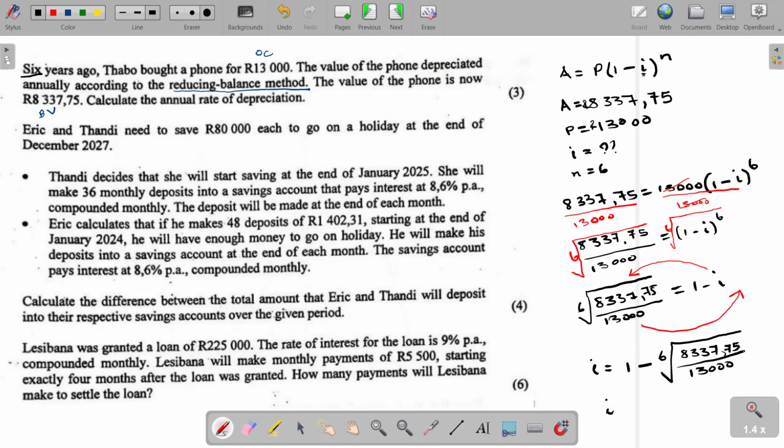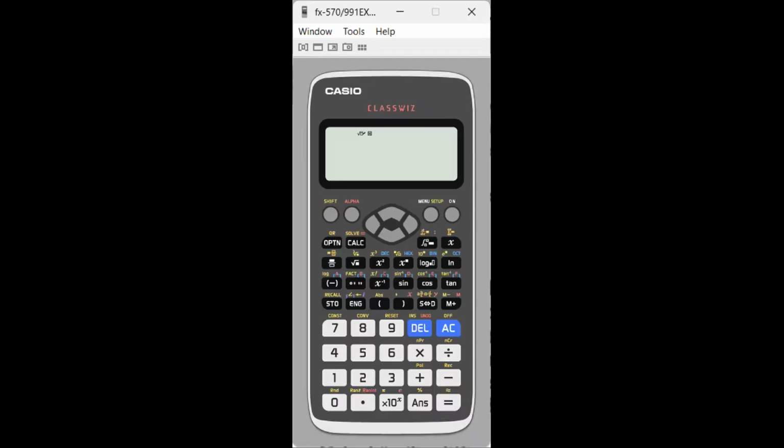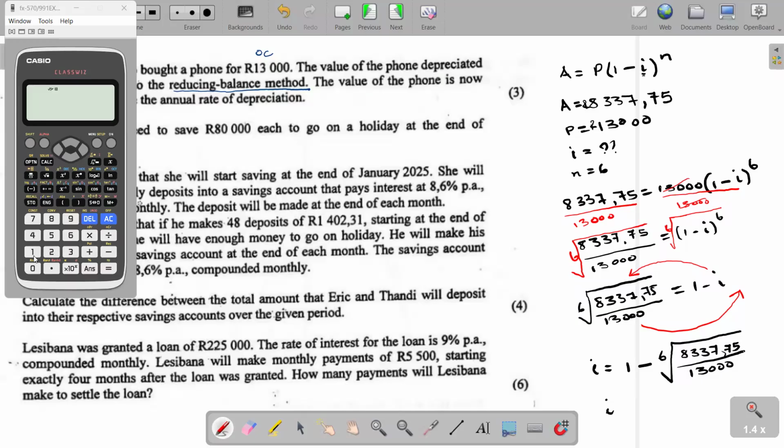So punch that on the calculator. If you punch that on the calculator, we have 1 minus the 6th root of 8337.75 over 13,000.